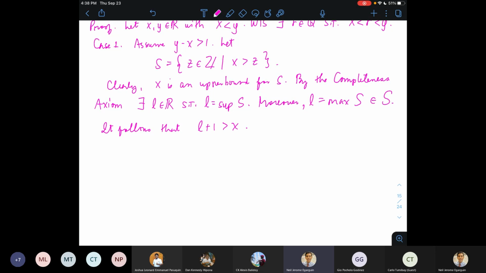So yung supremum ng set ay nakay set S, right? Siya yung maximum integer in the set. Then I said here that it follows that L plus 1 is greater than X. Bakit? Can you justify that line or that sentence? Why does it follow that L plus 1 must be greater than X?